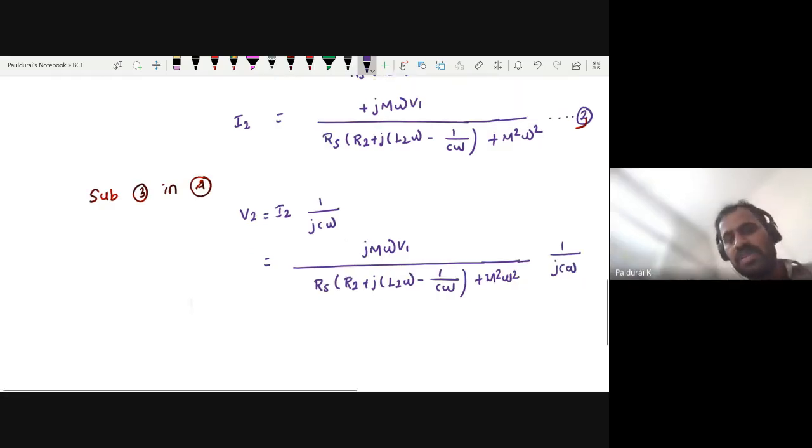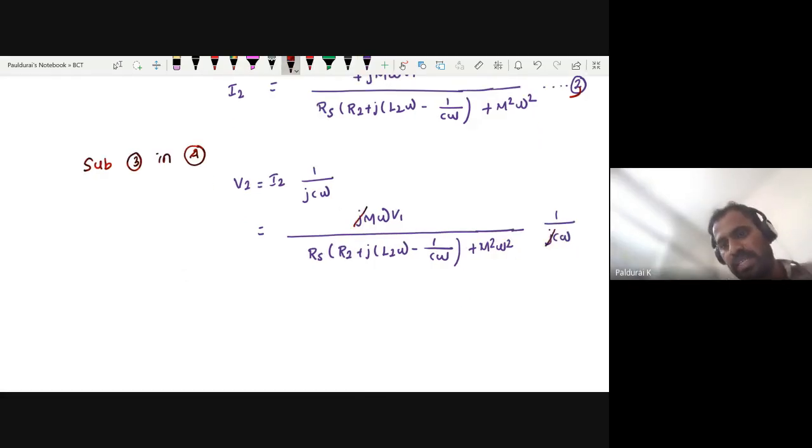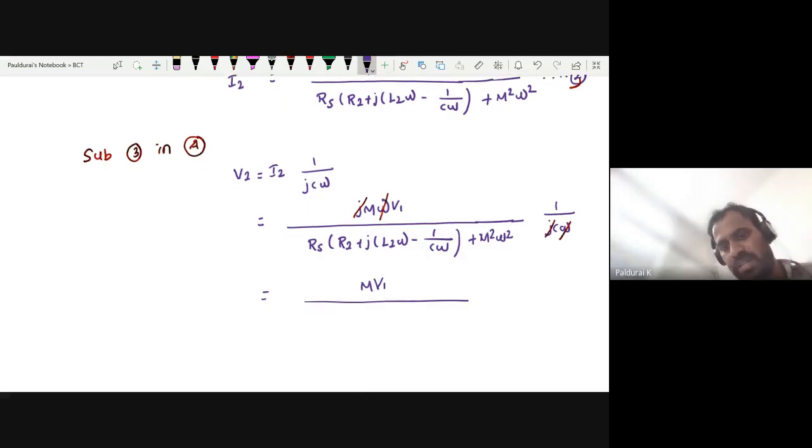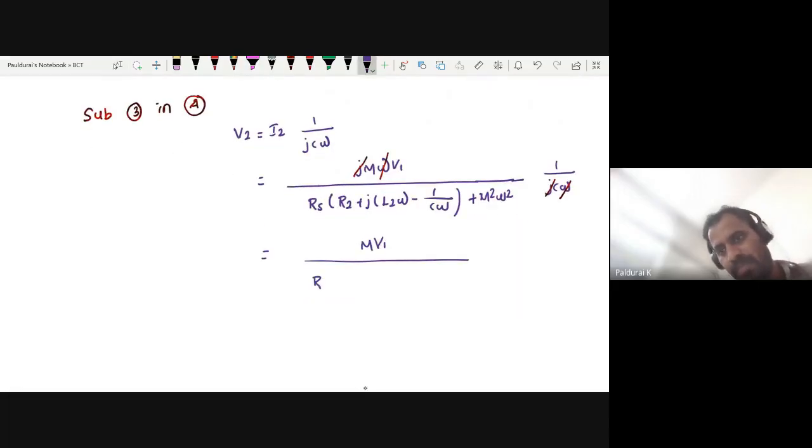Now what will happen? j cancels, omega cancels. So remaining I am having m times V1 divided by Rs times R2 plus j L2 omega minus 1 by c omega plus m squared omega squared. Here I am having this c, so multiply this whole thing by c.